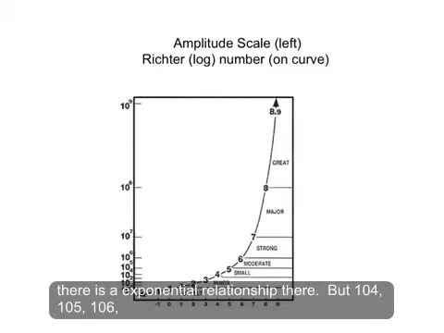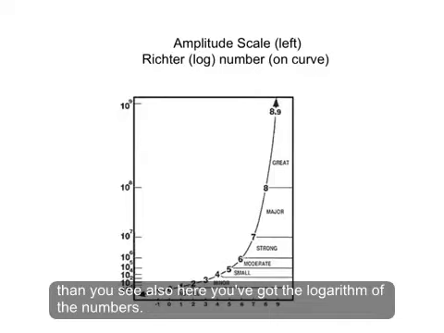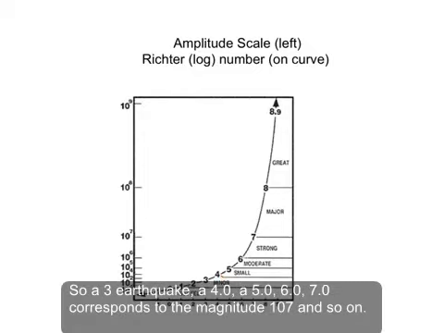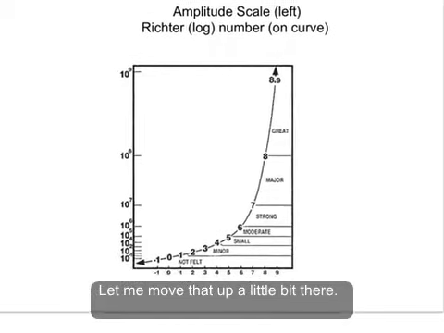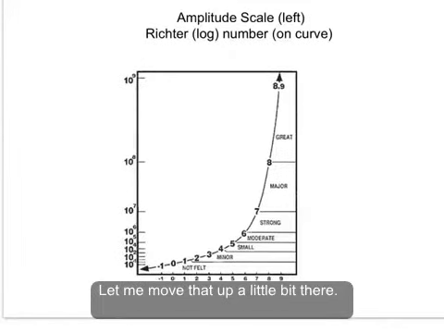But 10 to the 4, 10 to the 5, 10 to the 6, and then you see also here that you've got the logarithm of the numbers. So a 3 earthquake, a 4.0, a 5.0, a 6.0, a 7.0 corresponds to magnitude 10 to the 7, and so on. And let me move that up just a little bit there.